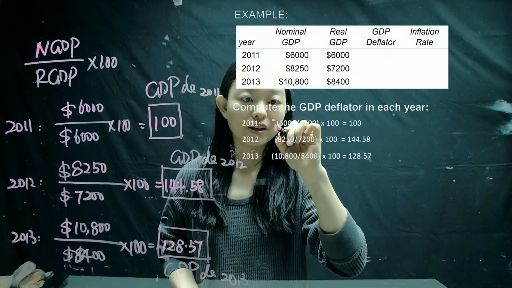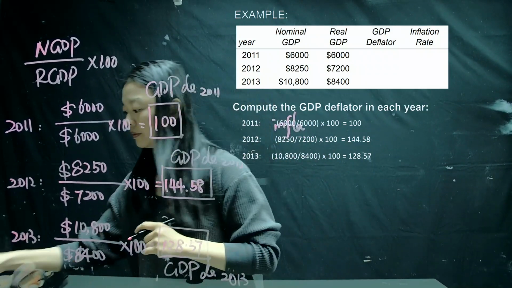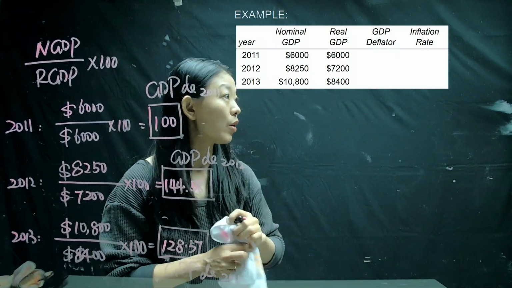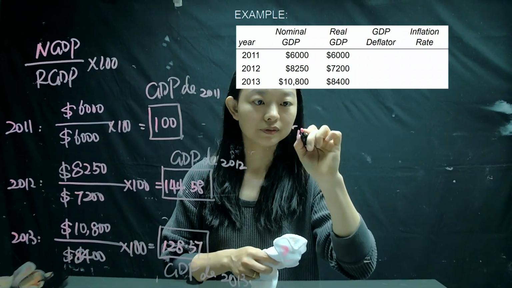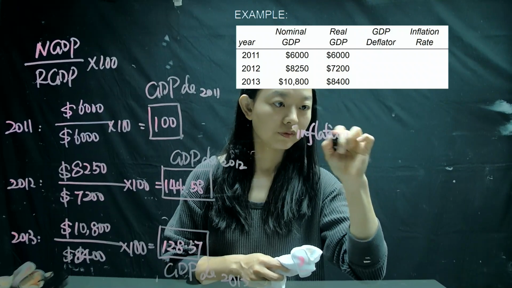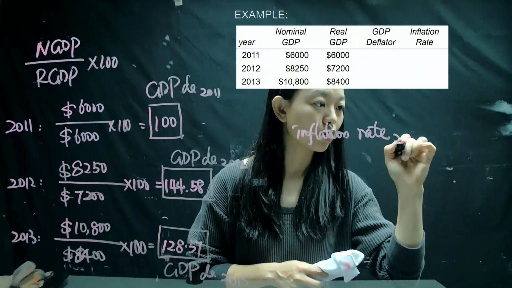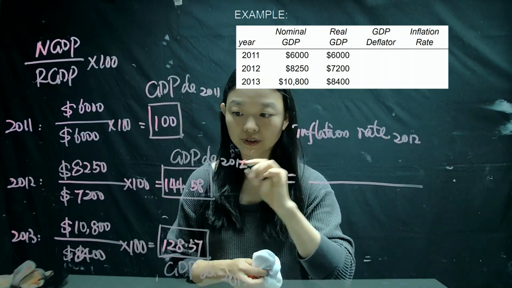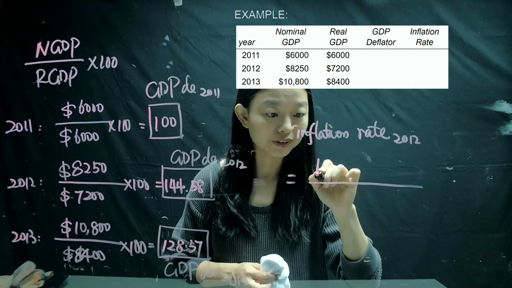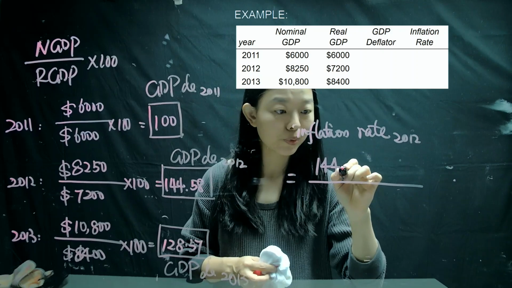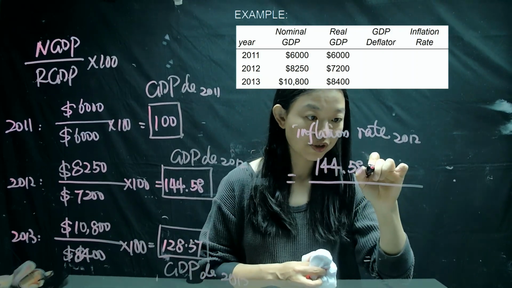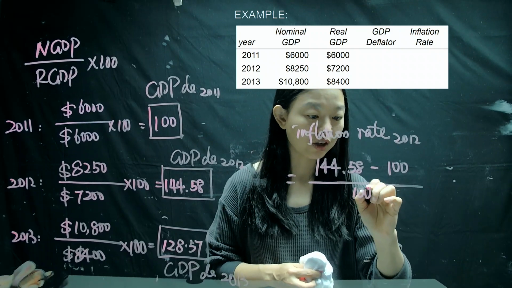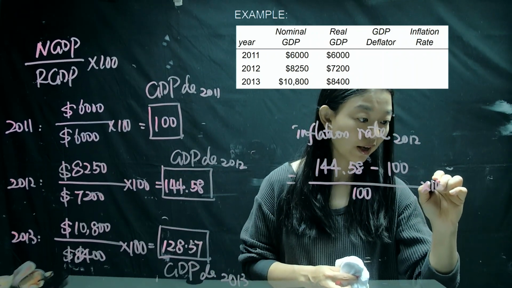So how can we use these numbers to compute inflation? If I want to get the inflation rate in 2012, we need to use the GDP deflator in 2012, that will be 144.58, subtract the GDP deflator in 2011, divide by the GDP deflator in 2011, and then times 100.